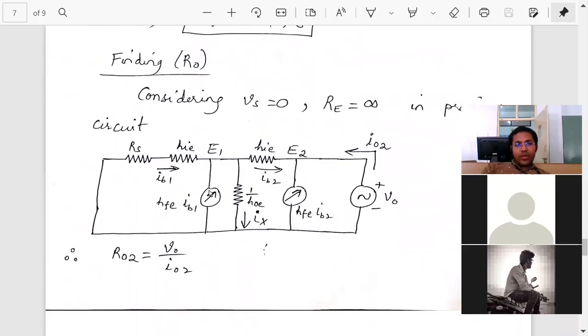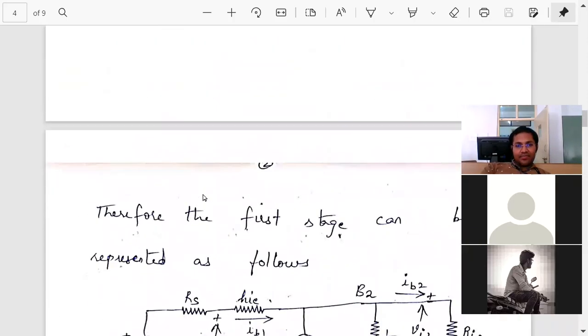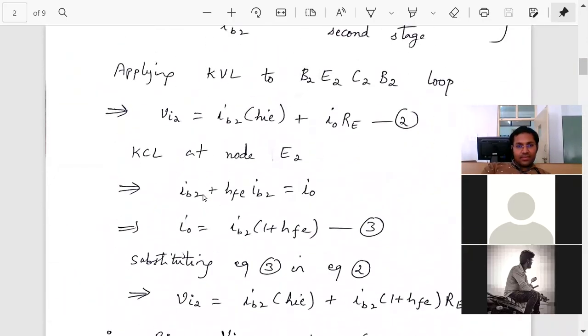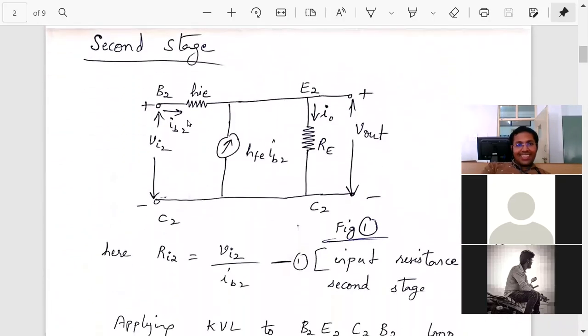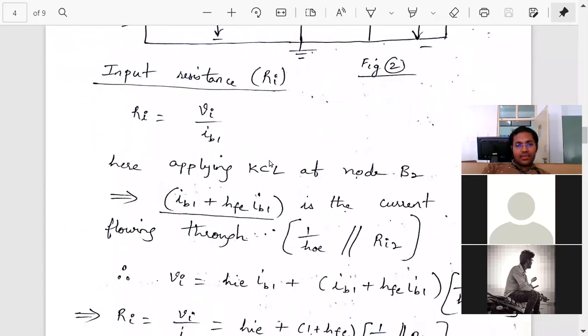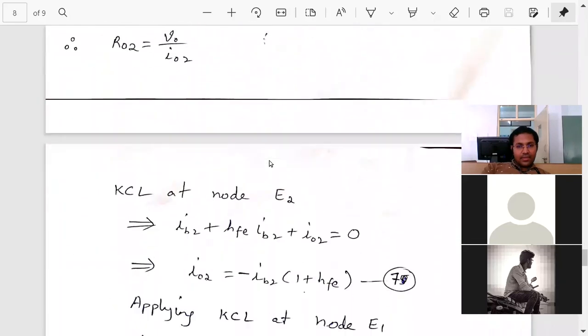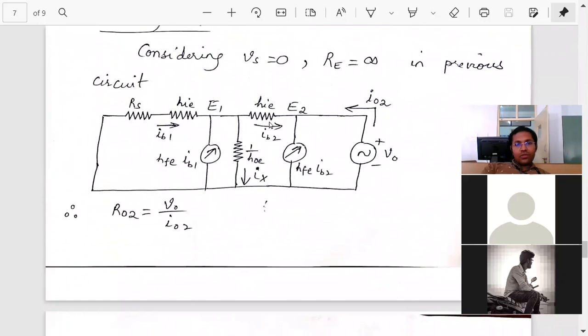Then the second stage. These two. This we have anyway open circuited the load resistor, not required. So only these two. Clear? How are we getting this circuit for output resistance?